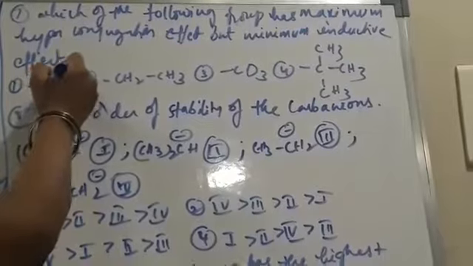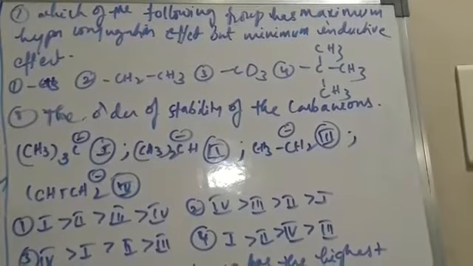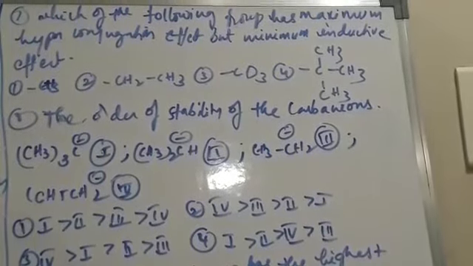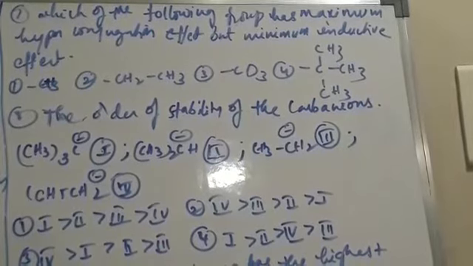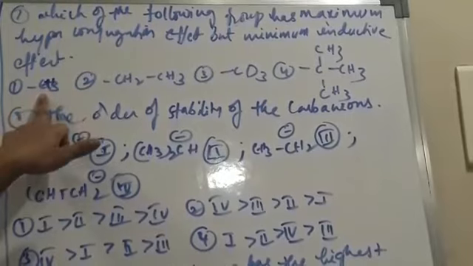Next, which of the following groups has maximum hyperconjugation effect, minimum inductive effect? Okay. So hyperconjugation and inductive effect. In both of these, tertiary is greater than secondary, greater than primary, which is greater than methyl. So minimum inductive effect is shown by the methyl group.